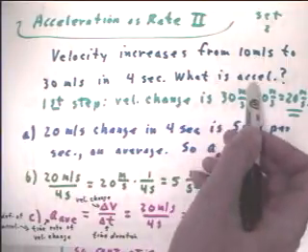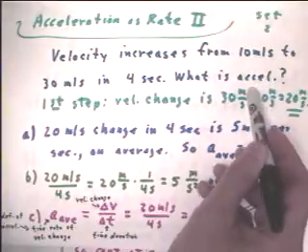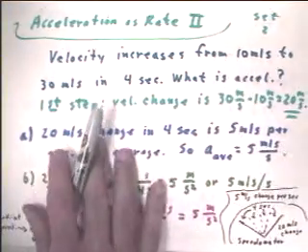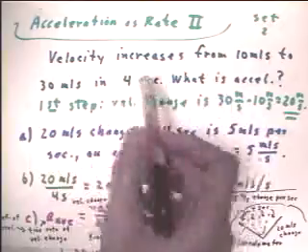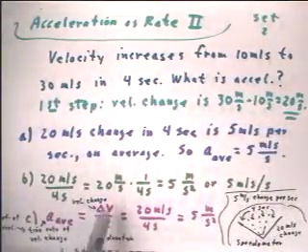Remember that we're looking for acceleration, and acceleration is related to velocity changes. We don't really care what the initial and final velocities are, except that they give us a change in velocity. At least we don't care if all we're trying to find is the acceleration. Okay?